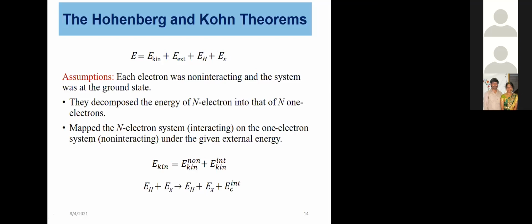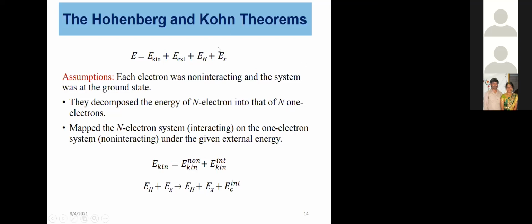The ideal picture is that we have an n electron system where the electrons are interacting, and we will assume it as non-interacting one electron systems, but n number of systems.